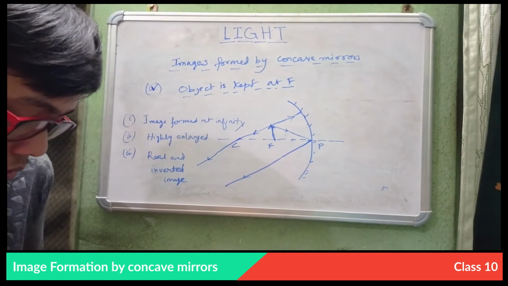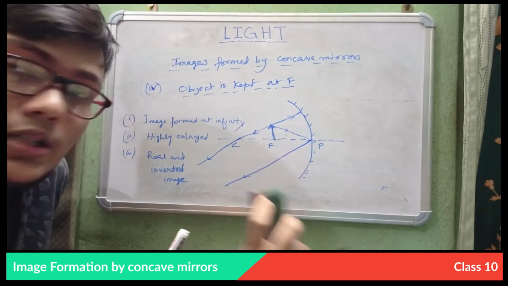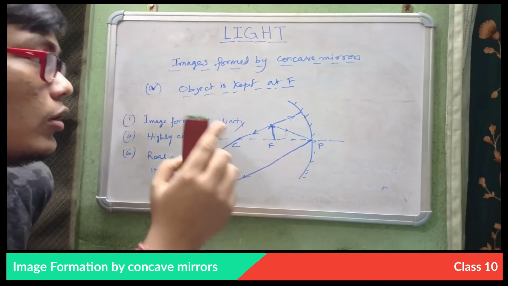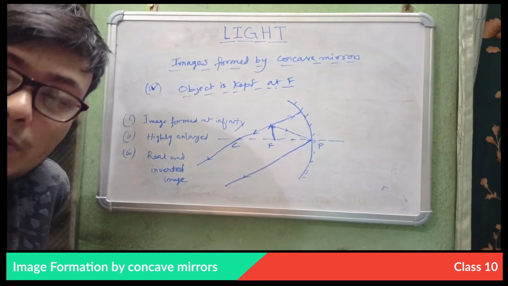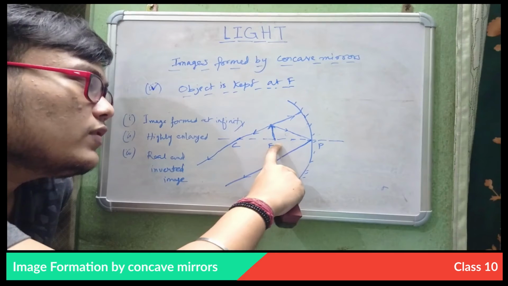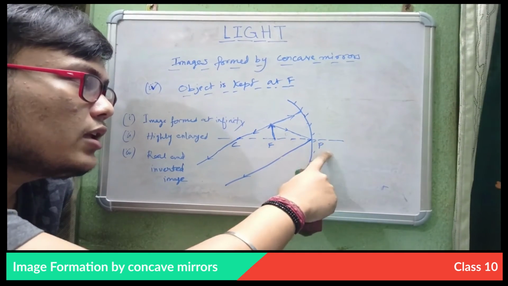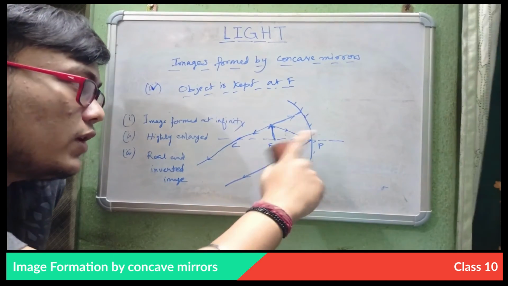Now the last and final position of the object for which we will look at the characteristics of the image formed is when the object is kept somewhere between the focus and the pole.